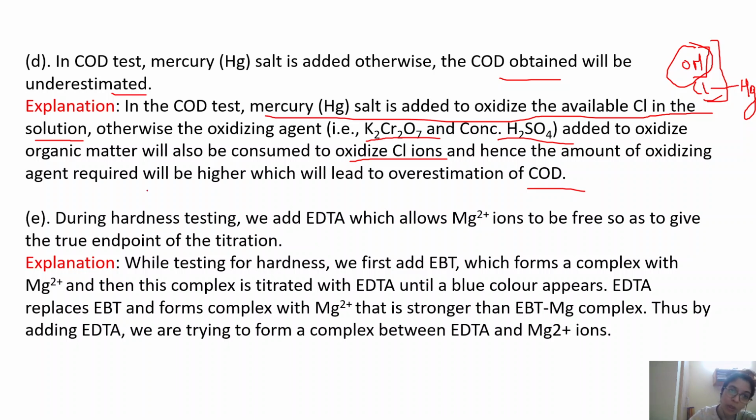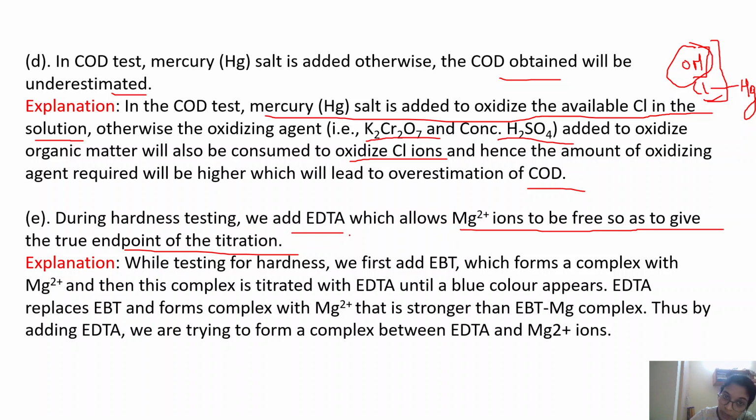Option A is, during hardness testing, we add EDTA, which allows magnesium ion to be free so as to give the true endpoint of the titration. Okay, we add EDTA. Why?